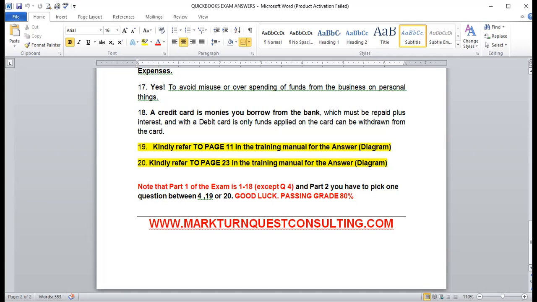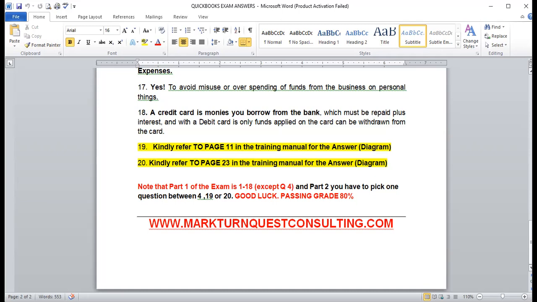So section 1 is question 1 to 18, except number 4. Section 2 is question number 4, 19, and 20.